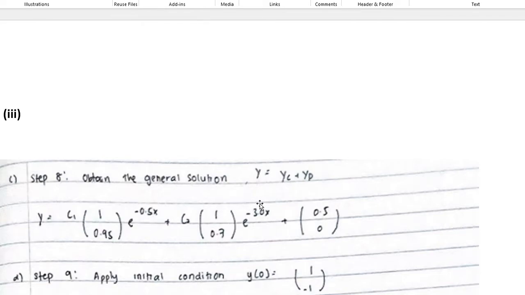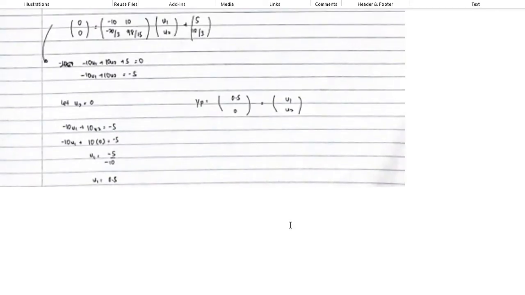This part is lambda, the value of lambda, and this one is the eigenvector for lambda equal to negative 3.0, and this part is the eigenvector for lambda negative 0.5, and this part is equal to YP, which is u1 and u2. We sub the value back.